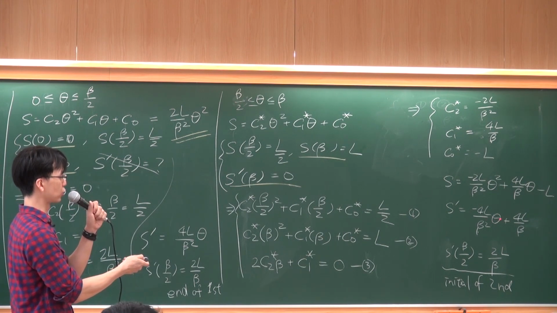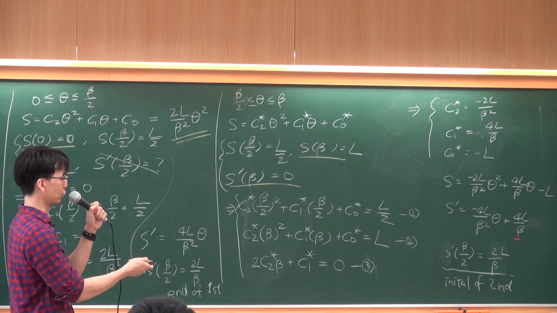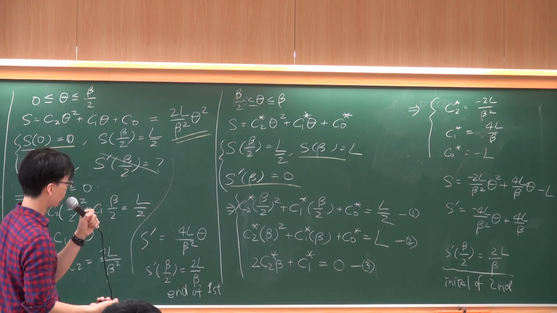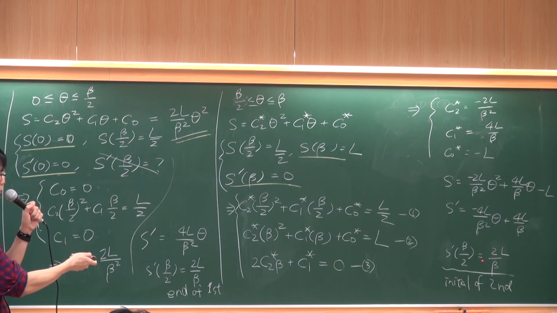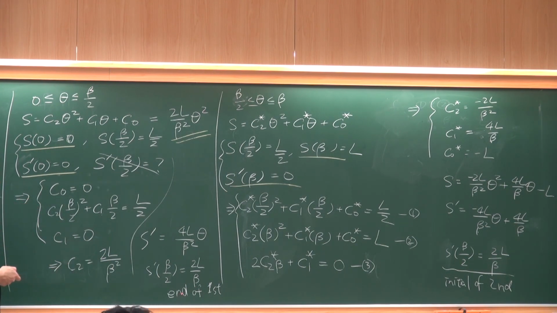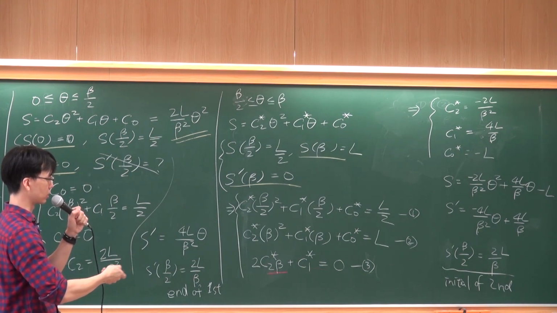You'll find the velocity is also 2L over beta. This is good because the end of the first one is the same as the initial of the second one. So their velocity is continuous. They are the same. There is no discontinuity between these two segments.